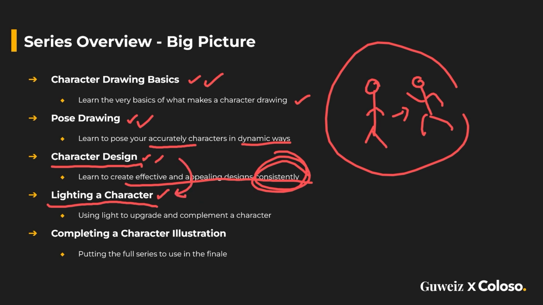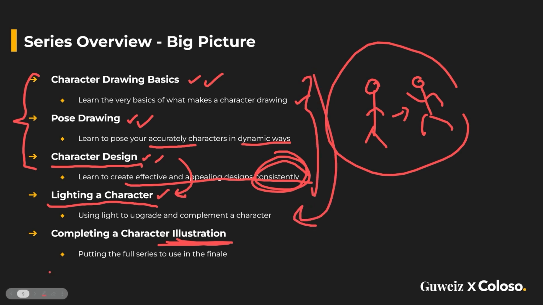We can't just say, I have this character, but the only way I can show it is in this character sheet format, which will get you pretty far, don't get me wrong. I think just mastering these three is going to be really, really good. But if you want to use it in the context of an illustration, which is our final goal, lighting a character is going to be so important. And that lighting is going to transform and act as a multiplier for this entire segment here.